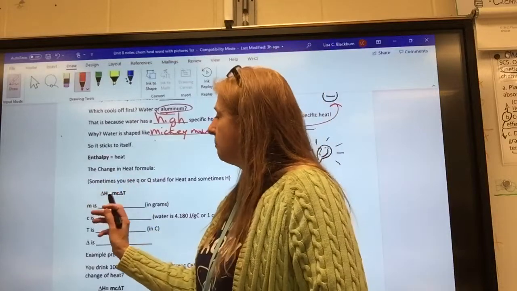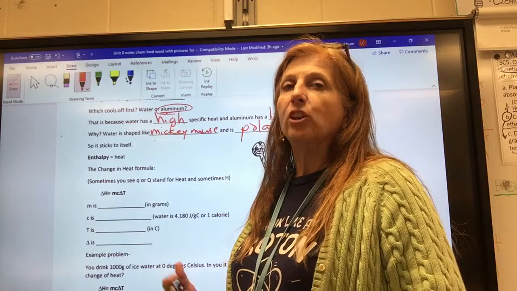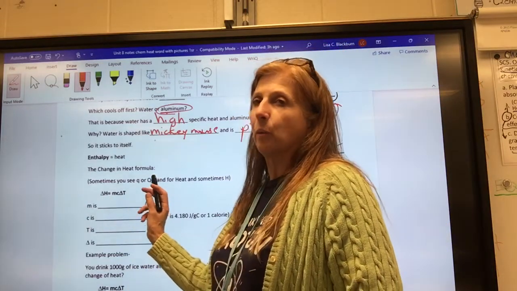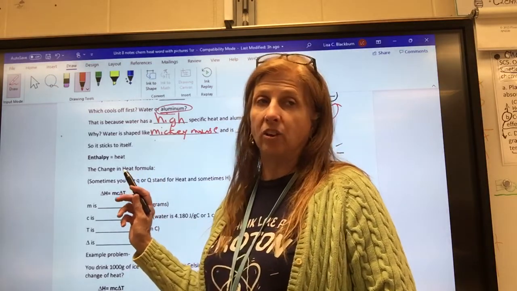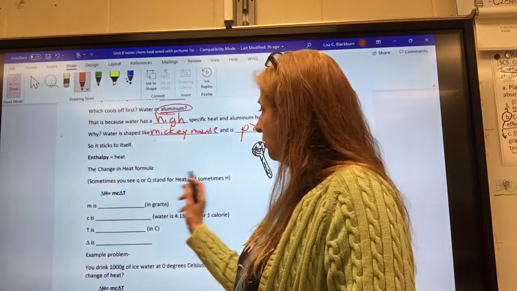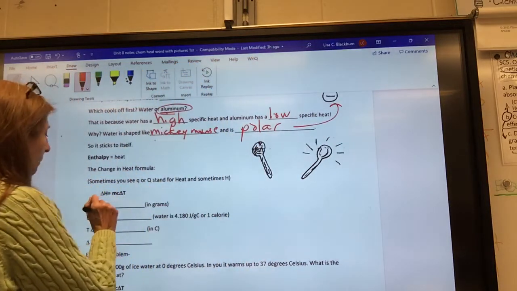Okay, so sometimes you see the change of heat as an H in newer books. But in old books, usually it is a Q. Sometimes it is an uppercase Q, sometimes it's a lowercase q. But know that Q also means heat. So M is the mass in grams.